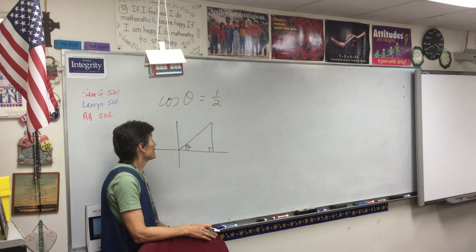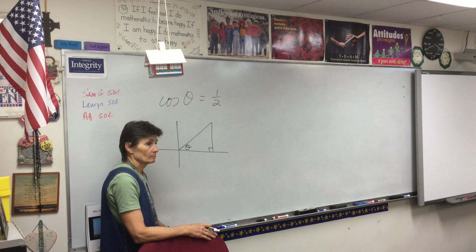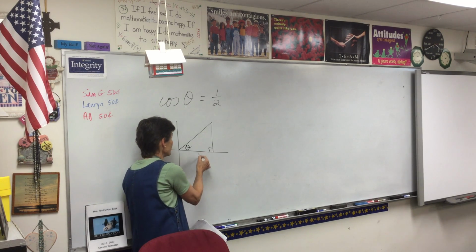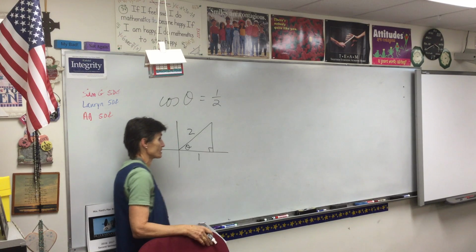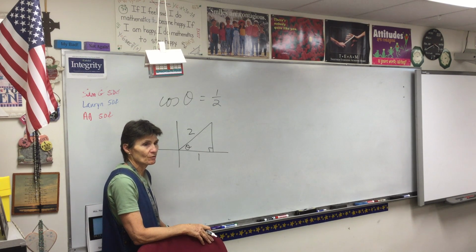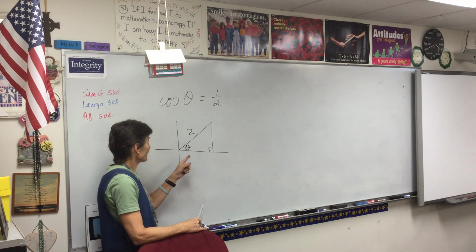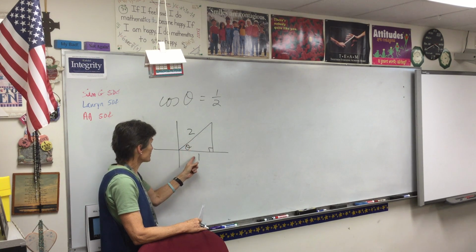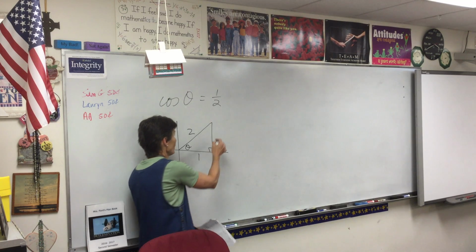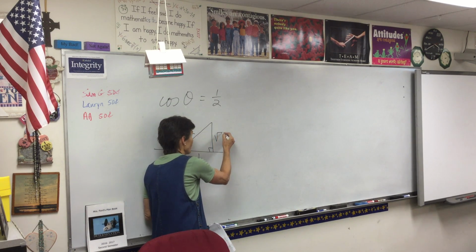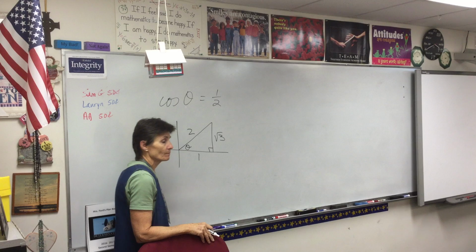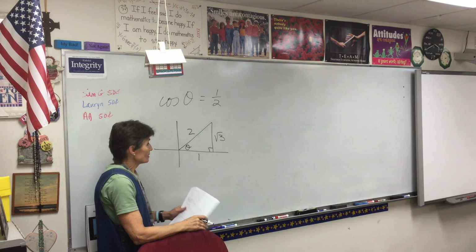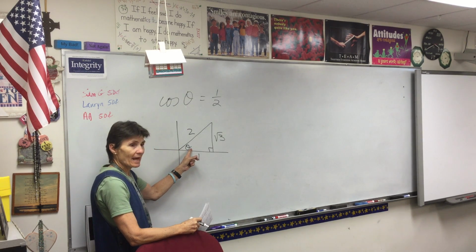Okay. Now the cosine is 1/2. What do I know about cosine? Adjacent over hypotenuse. Does that make sense to you that I would draw my picture that way? Now you should recognize those two numbers. If that's a 1 and that's a 2, what's this one got to be? Square root of 3, right? Now what angle does that have to be?